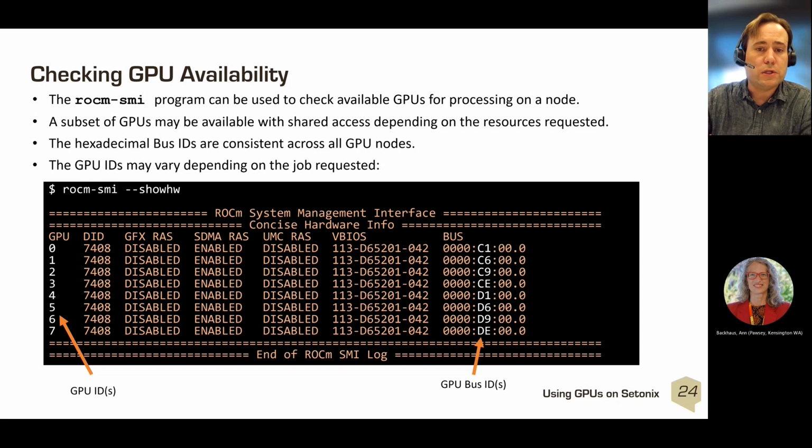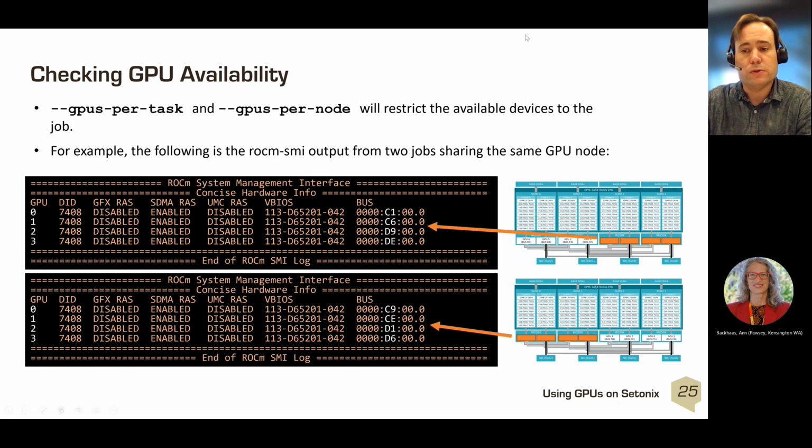And then in this next example, this was taken from where I ran two shared jobs on the same node, each requesting 4 GPUs. And you can see in one job, it received 4 GPUs and the corresponding bus IDs, those ones on the right on the diagram, and the other job received, again, 4 GPUs and the corresponding bus IDs from the left side of the diagram.